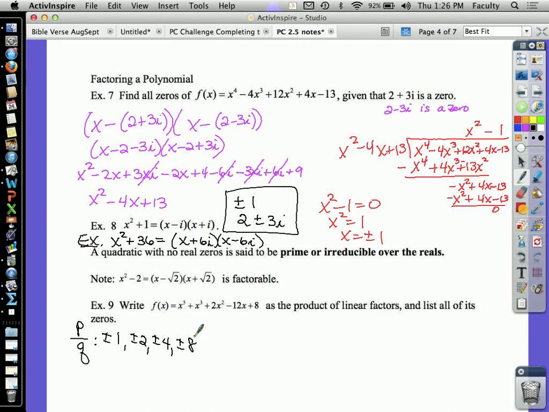Either way is fine. But now we have so much mathematical power, okay? We have a ton of power now. You can look at an x to the 5th and you can come up with some possibilities with the rational zero test. That's like awesome.